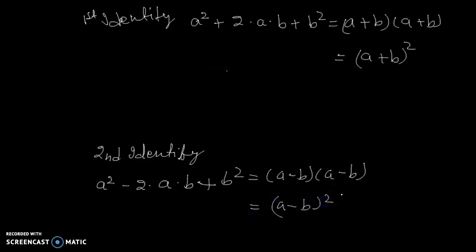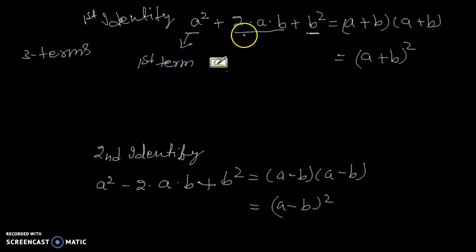So students, in this type of formula, first thing we know that how many terms are there. So there are 1, 2 and 3. There are 3 terms. So we give name. This is our first term and this is our middle term, our second term, and this is our third term.